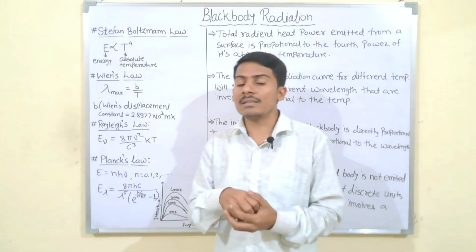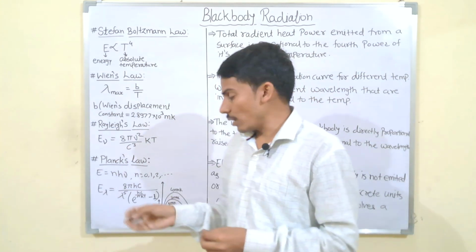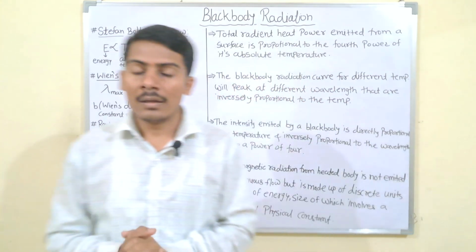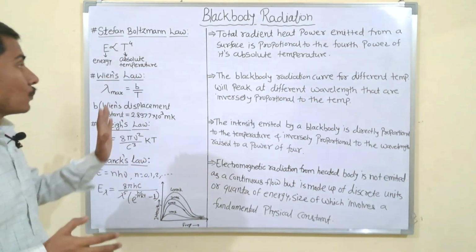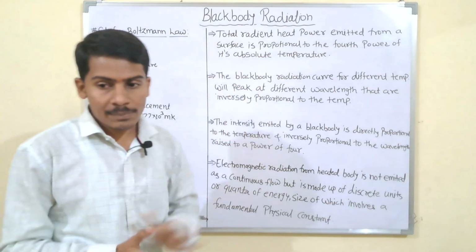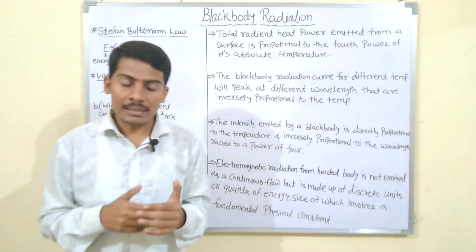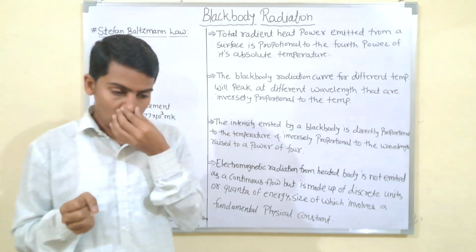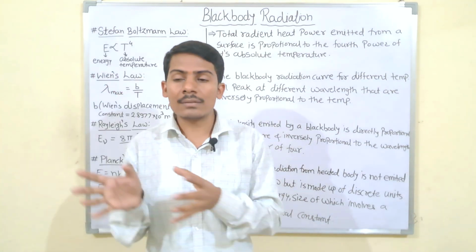These three parameters are dependent on each other. Now here we give the laws and their statements. We will discuss them later, but first we discuss one experiment related to the black body.